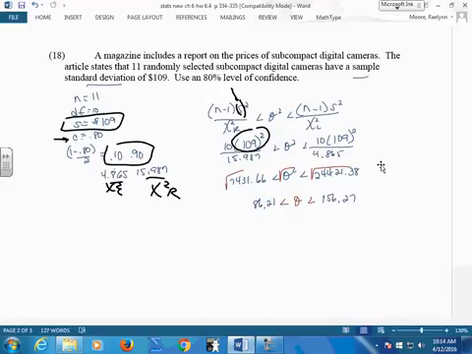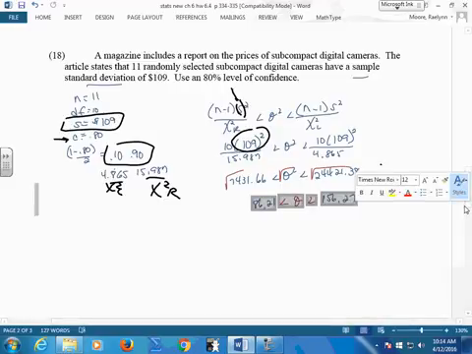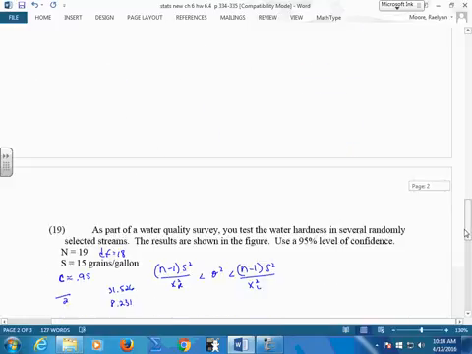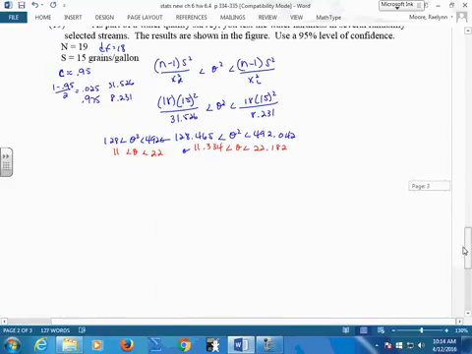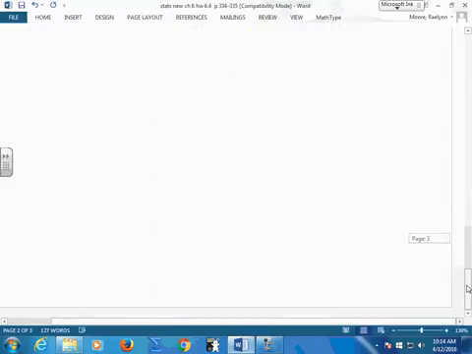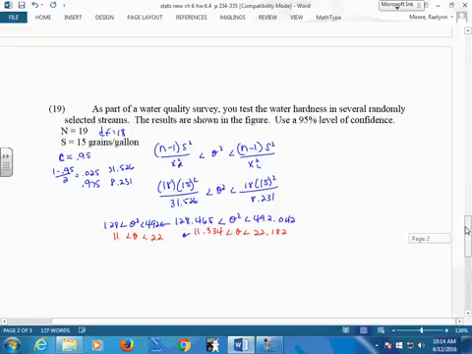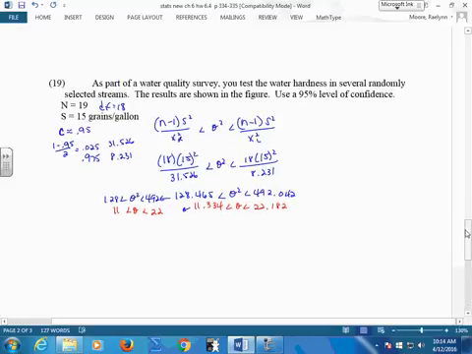Good? Okay. This is the last one. Again, you're testing 19 water quality things from a stream.